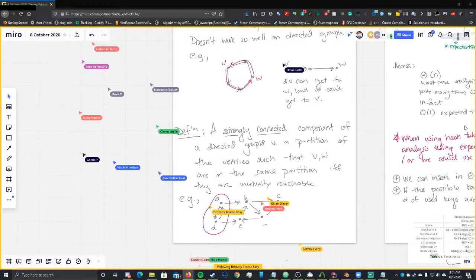Okay, what's another strongly connected component here? E and F. Okay, oh yeah, I lost my F, didn't I? And why is that? Because at any one, you can just cycle around and get to another.